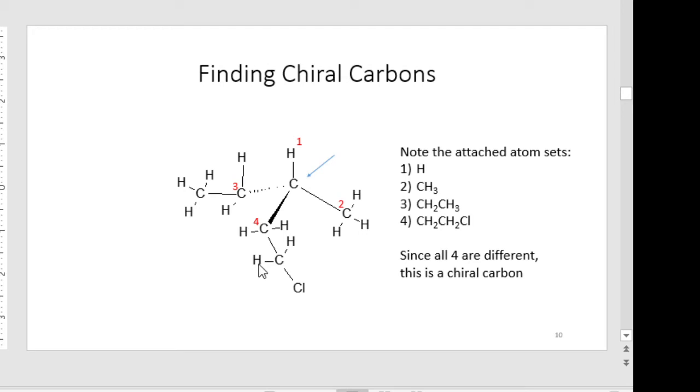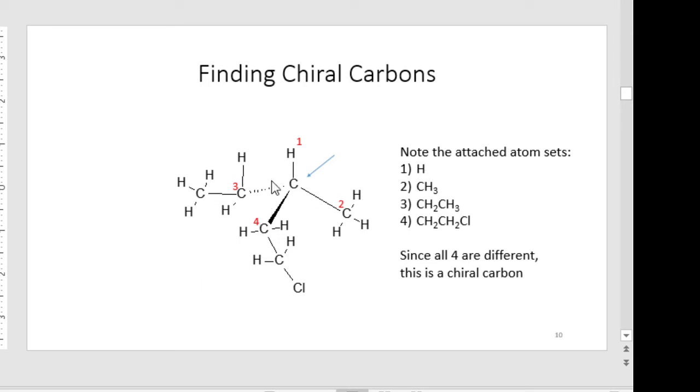This one's got 2 H's. That's enough to not be chiral. This one has 3 H's on it, so it can't be it. This one's got 2. So I'm really only looking at that one right there. That's my only one that could be chiral. It's got a carbon, another carbon, and another carbon, but they're not the same.